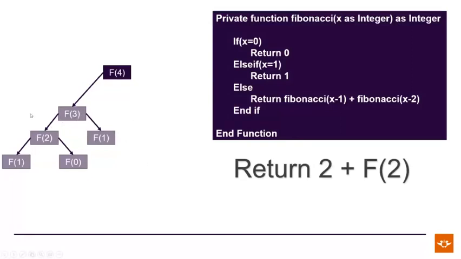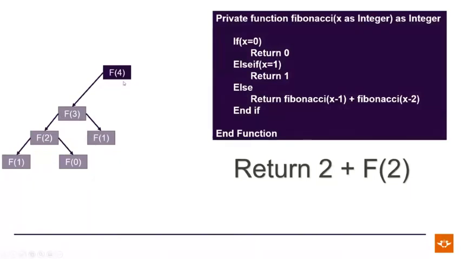So all of this produces the value of 2. Because f of 3 is equal to f of 2 plus f of 1. F of 2 is equal to f of 1 plus f of 0. 1 plus 0 is 1, which gives us f of 2, 1. F of 1 is 1. 1 plus 1 gives us 2, which is Fibonacci 3.